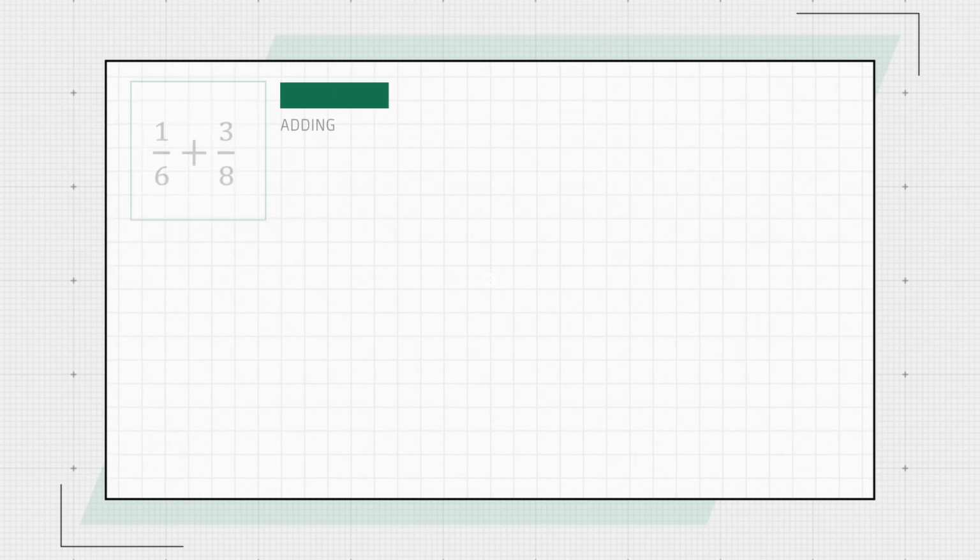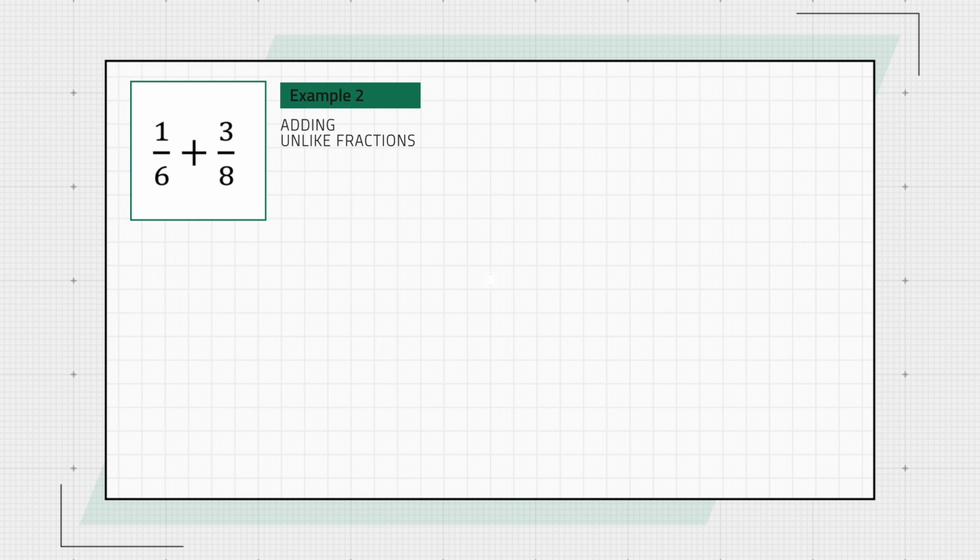Okay, the next one, just pause it if you'd like to have a go first, and then I will solve it. So we have 1 over 6 plus 3 over 8. Now, first question, what is the LCM? Well, we know that 6 and 8 have a common multiple in 24. So that will probably be the lowest common multiple. LCM is equal to 24. How do we find this out?